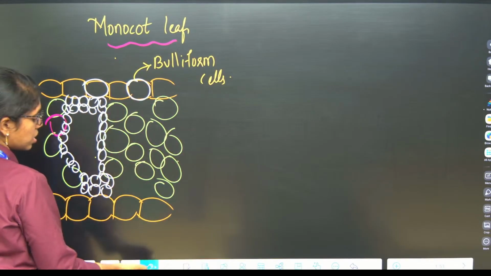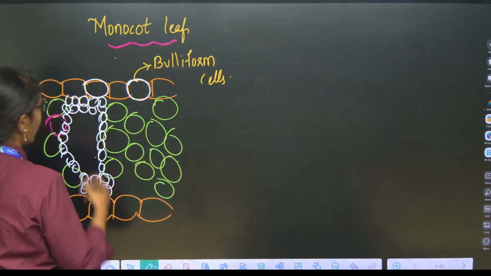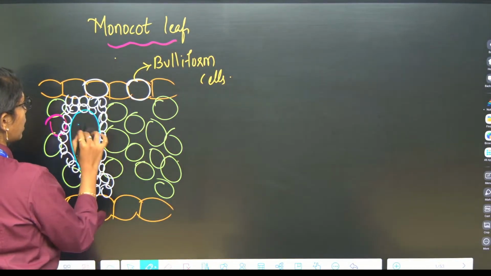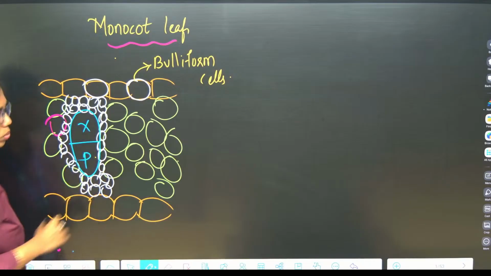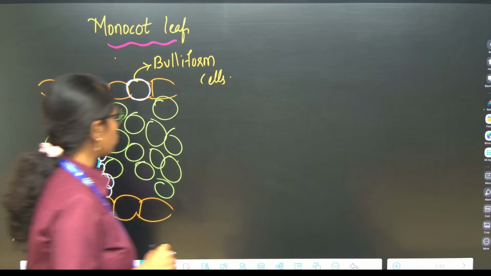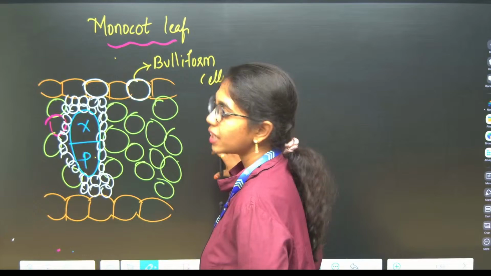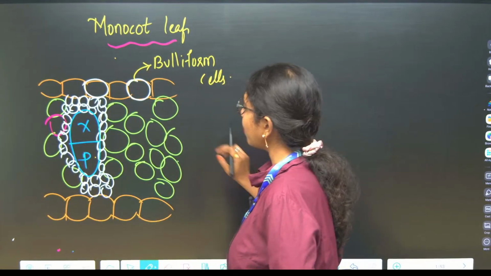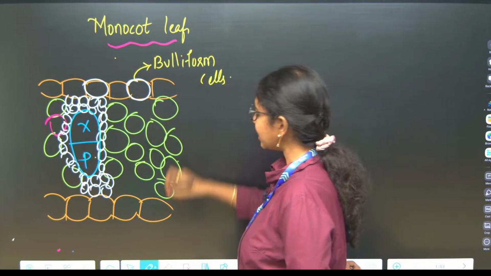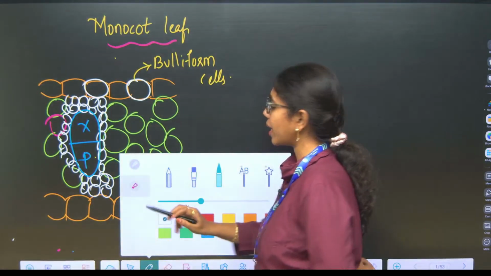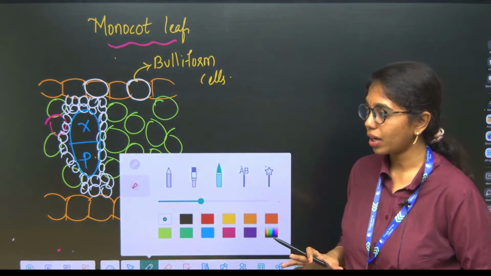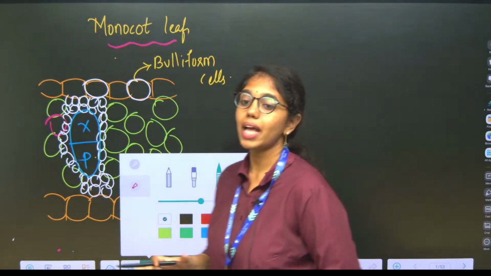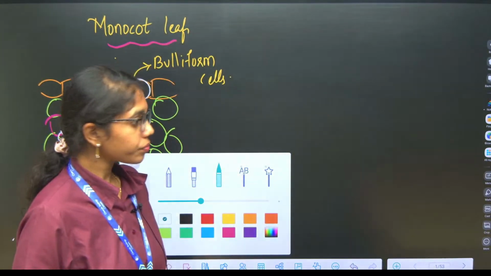These bundle sheath cells are surrounding vascular bundles. Vascular bundle is conjoint and closed. So, what are the specific features of monocot leaf? First is bulliform cells. These bulliform cells help in maintaining the shape of the monocot leaf both in turgid and flaccid conditions.